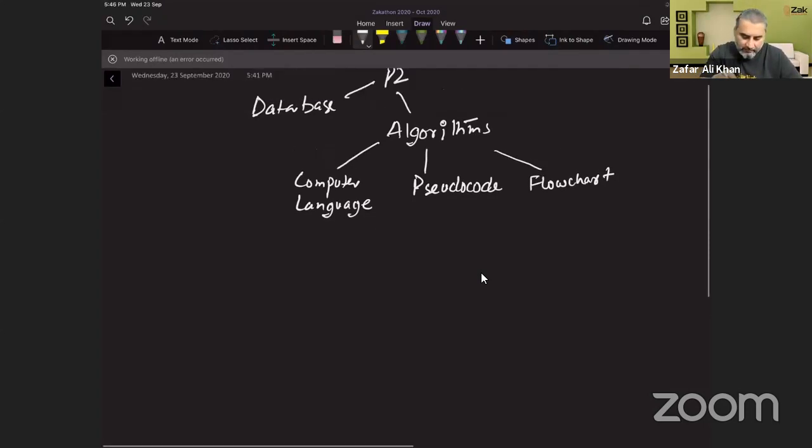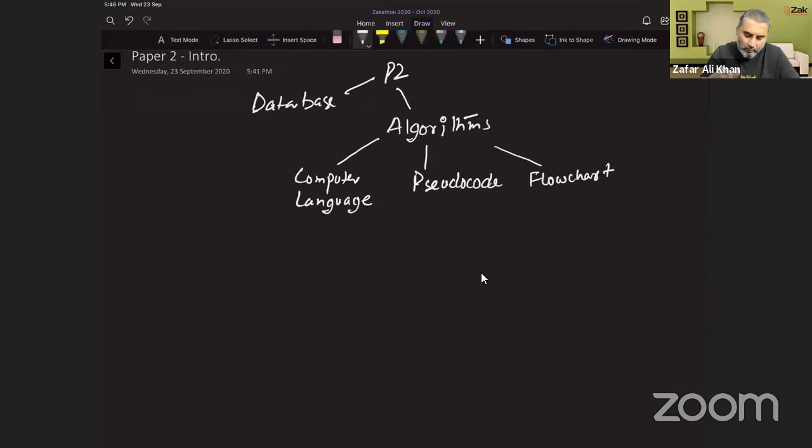So it is very simple that what can be done in a computer language can also be done in a pseudocode, can also be done in the flowchart.